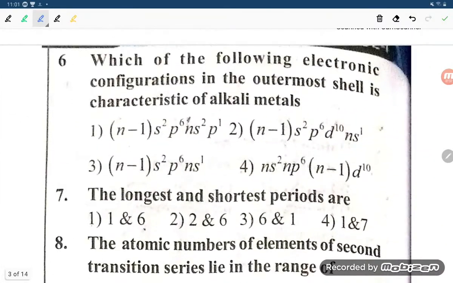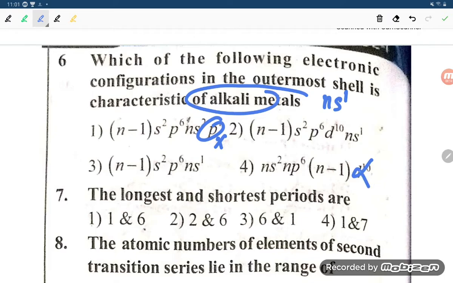Question number 6. Which of the following electronic configurations is for the outermost shell of the alkali metal? Alkali metal means ns1. So np1 is wrong, student. np1 is not possible. nd10 is also not possible.